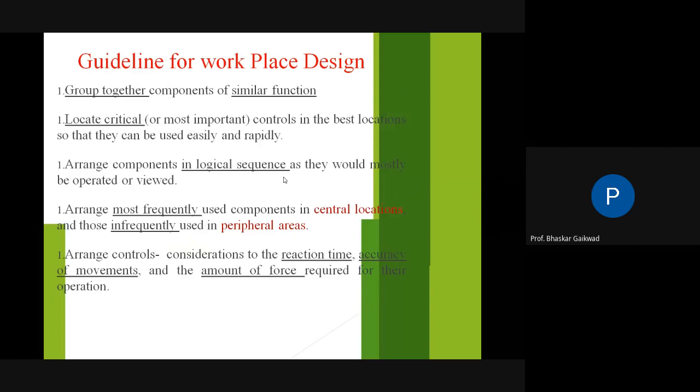Guidelines for workplace design: locate the most critical controls in the best location so that they can be used easily and rapidly. All these control elements should be easy to operate. Arrange the components in logical sequence as they would mostly be operated. There should be a sequence, for the nut, bolt, washer assembly, which is first, either washer or nut or bolt.